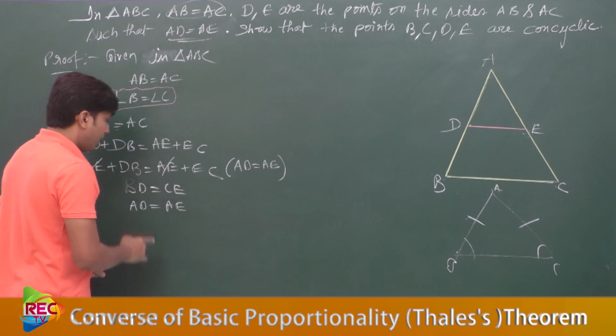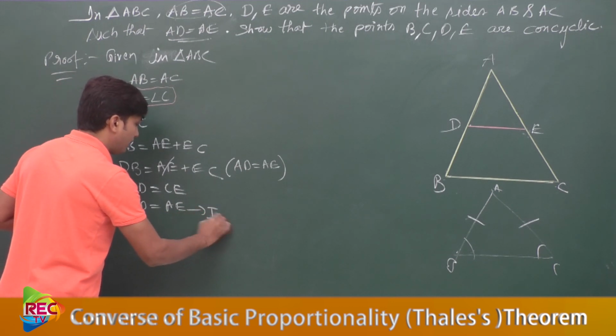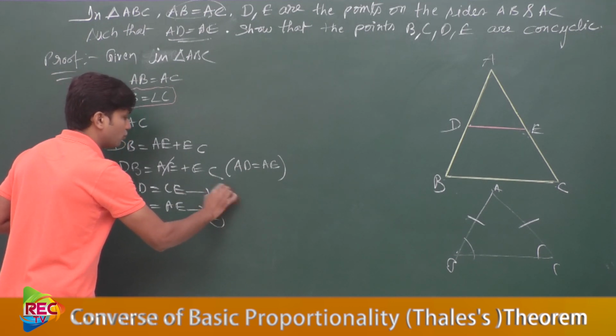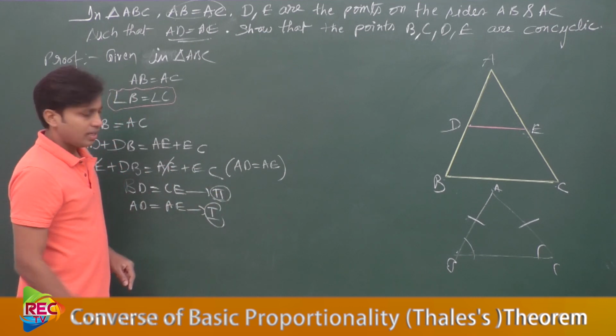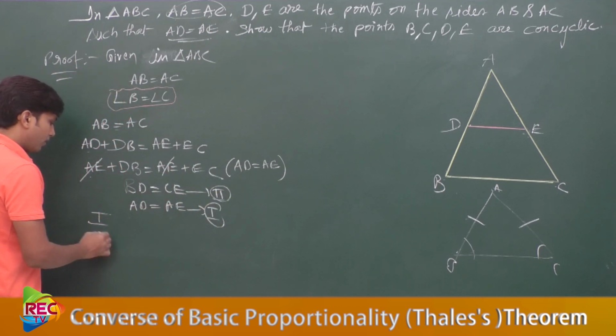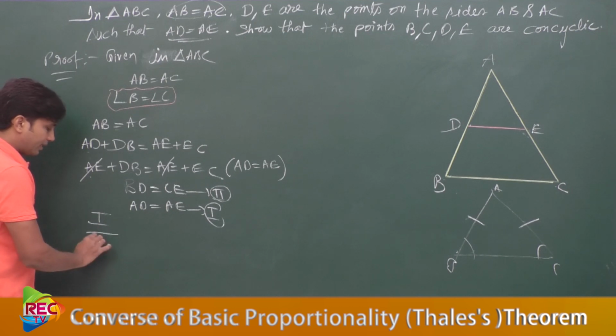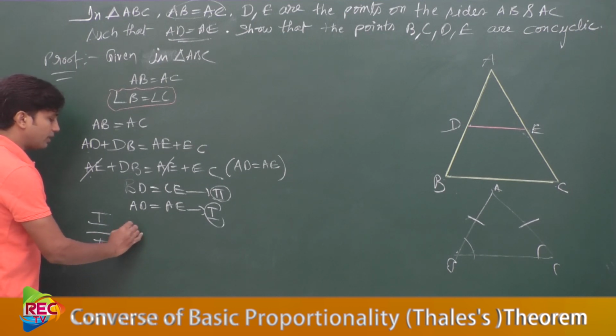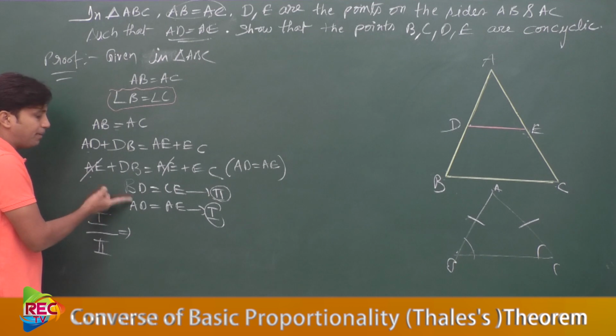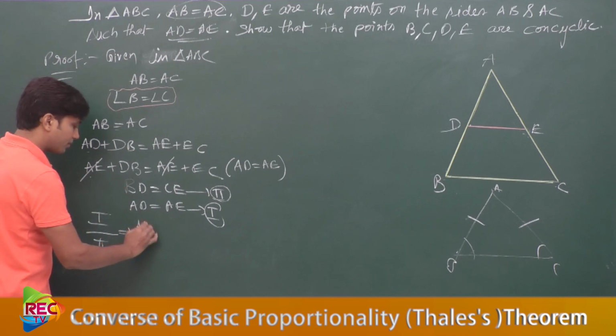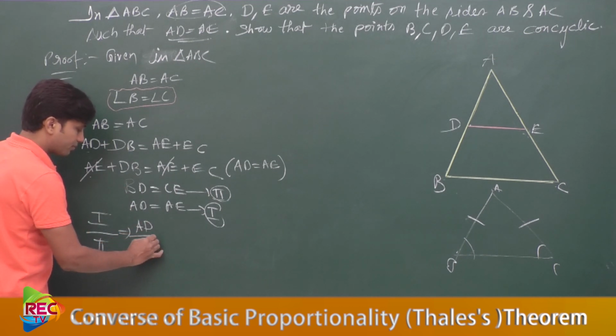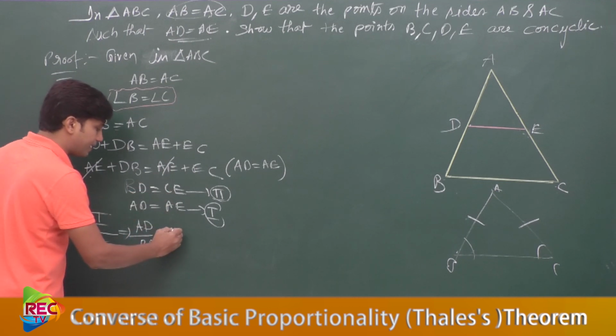Now consider this as 1 and this as 2. Now divide 1 by 2. Then what will happen here? AD by BD equal to AE by CE, the RHS part.